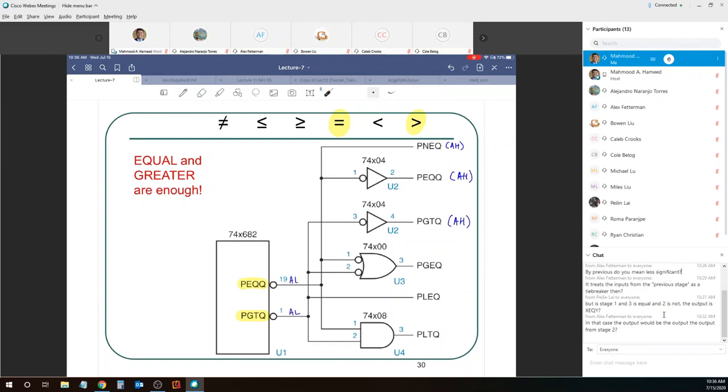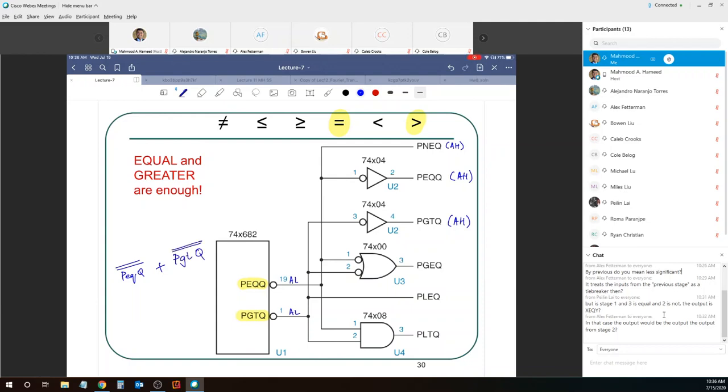How about P greater than or equal? For greater than or equal, you have to take P equal, P greater than, complement both of them, and then put an OR in front of it. Essentially you're taking P equal to Q, which is in the active low format, and complementing it, and P greater than Q, complementing it as well.